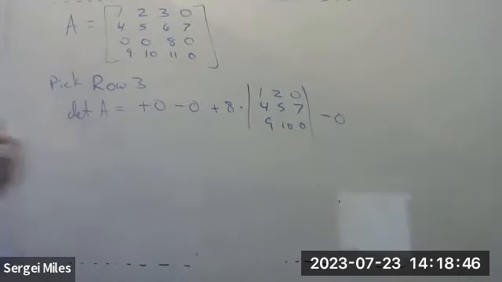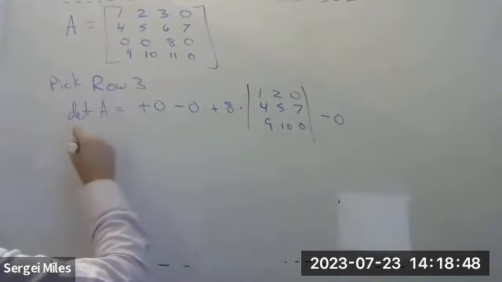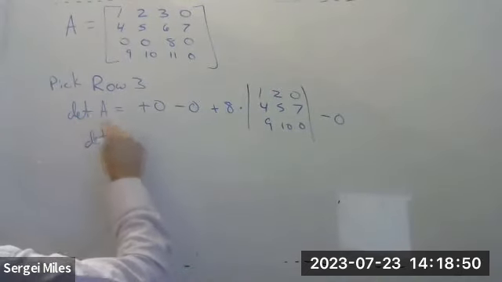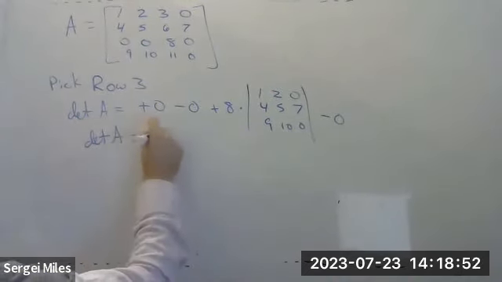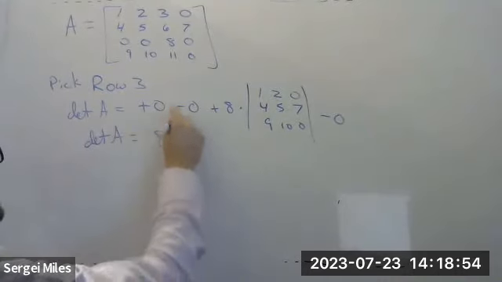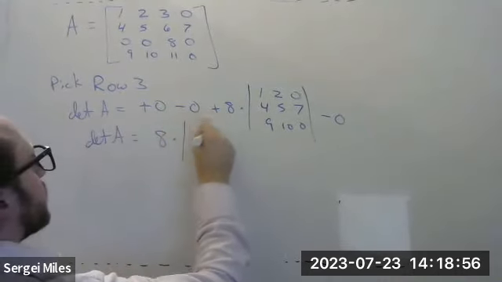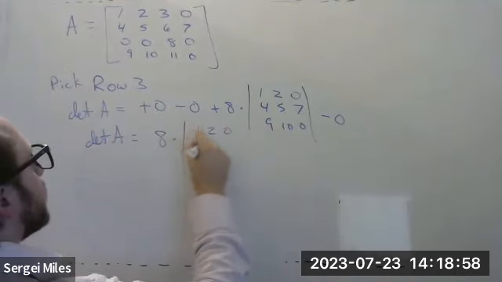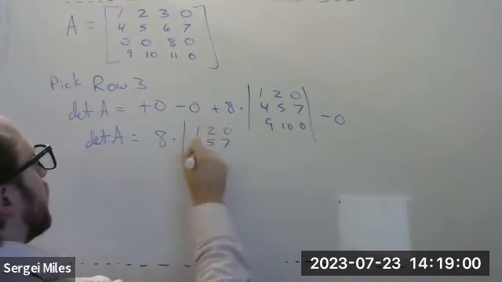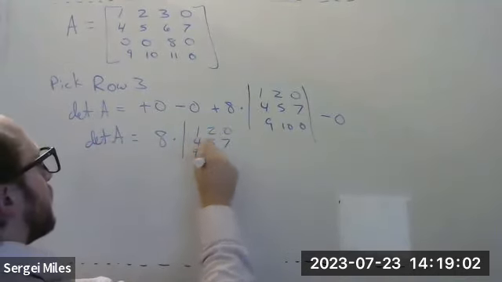Okay, well, now what happens? Now we found that for this 4x4 matrix, its determinant is the same thing as 8 times the determinant of this submatrix.